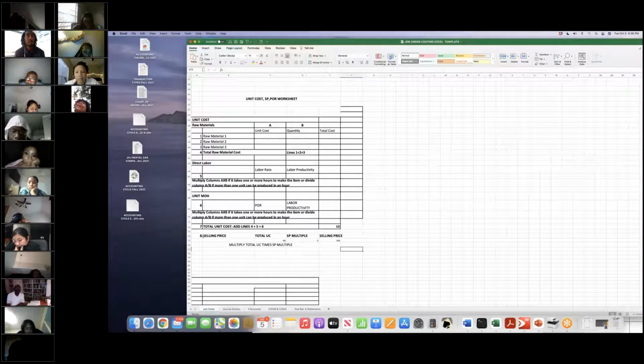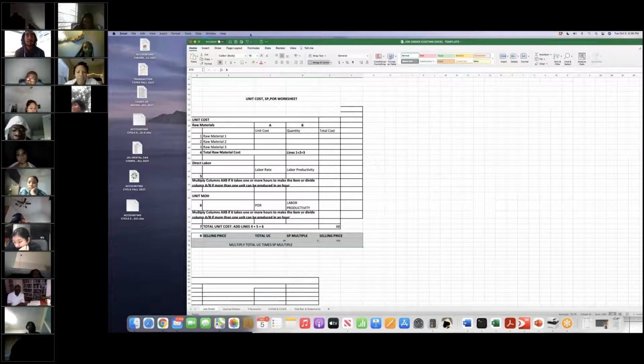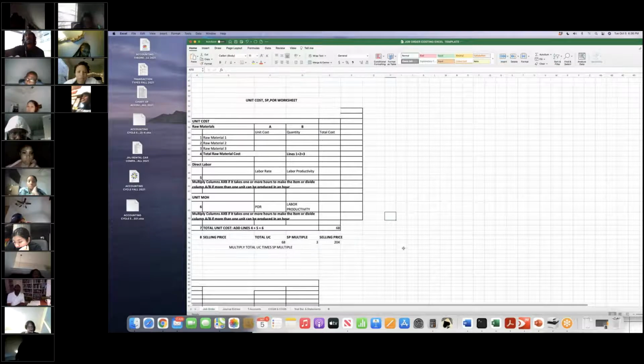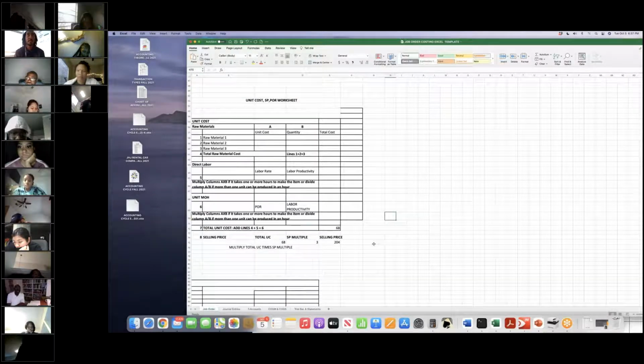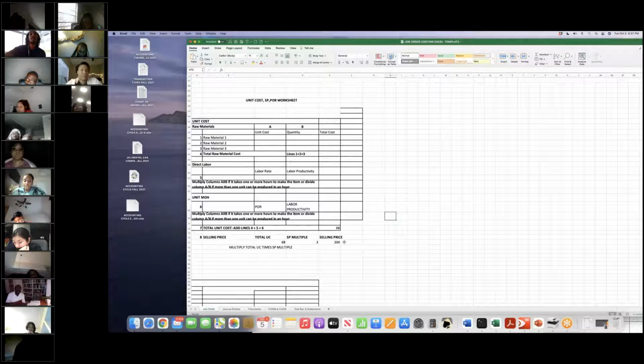So what we have to do is make these calculations, and we're estimating the overhead ahead of time. We do have estimated costs, because we have to have a selling price in our catalog on our website, even though the book hasn't been produced, because things are being ordered ahead of time to be shipped later, but they can't order it without a selling price.